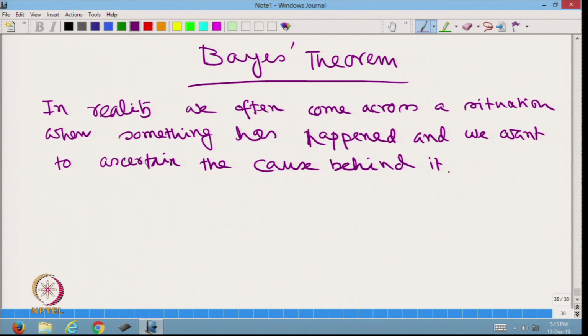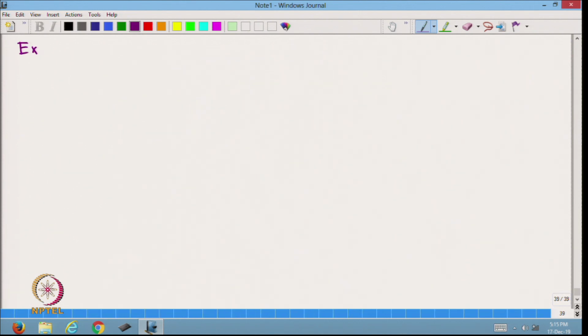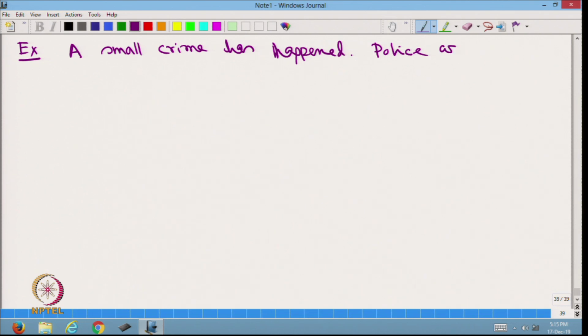So, this is a very practical situation. Say for example, a small crime has happened. Police wants to find the culprit.